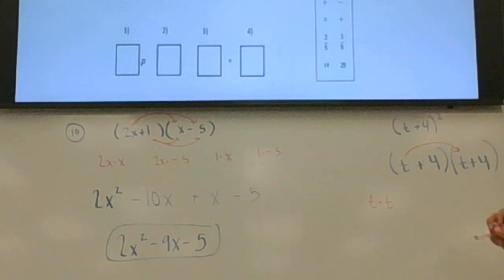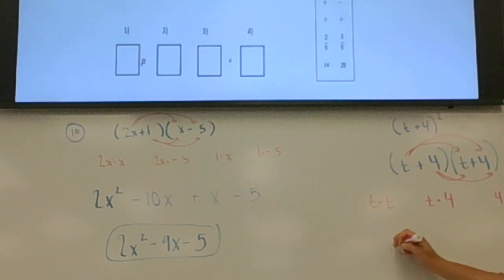You have to multiply the outer terms, the t times the 4. And then it's inner, the 4 times the t. And then it's the last terms, the 4 times the 4. So that's t squared plus 4t plus 4t plus 16.